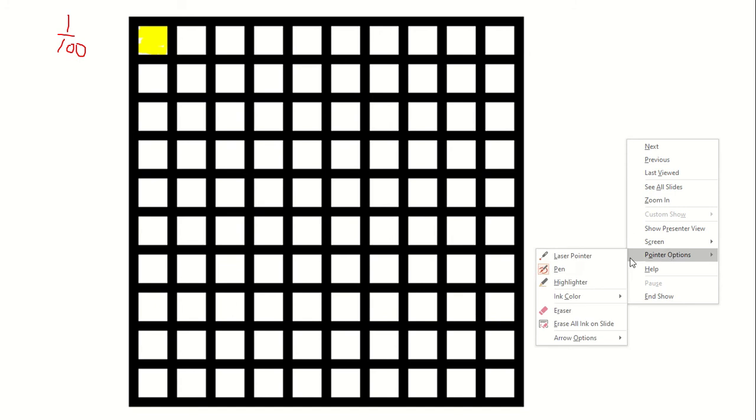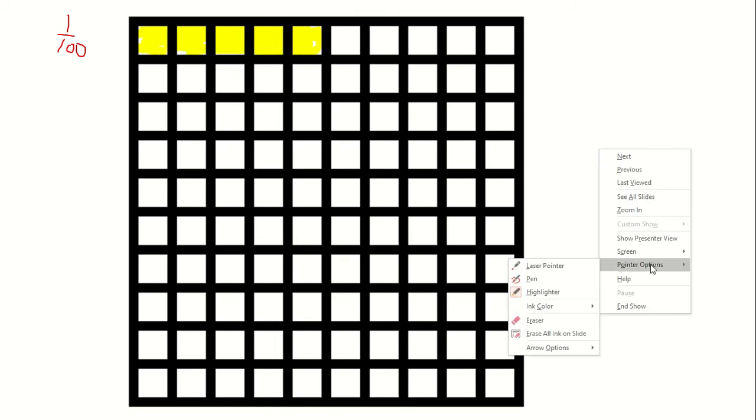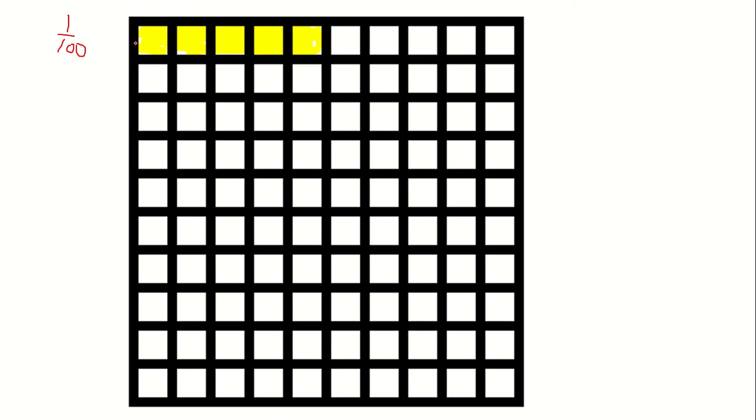And we can keep doing this in a few different ways. I might be able to take, let's say, this right here. So if I color them in this way, now I can call this 1, 2, 3, 4, 5. I can call it 5 out of 100.